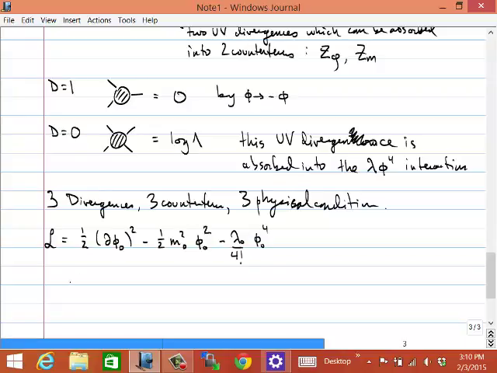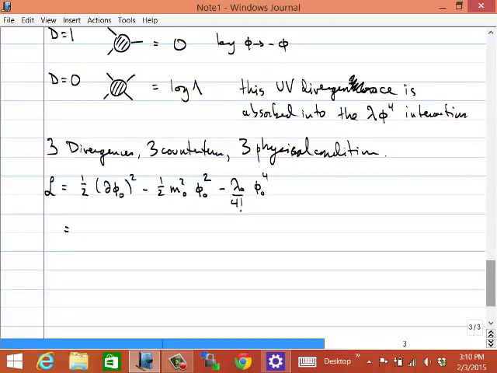And then you would rewrite this in terms of the physical couplings plus some counter terms. So I'll let phi without a naught be the physical field, m without a naught be the physical mass, and lambda without a naught be the physical coupling.